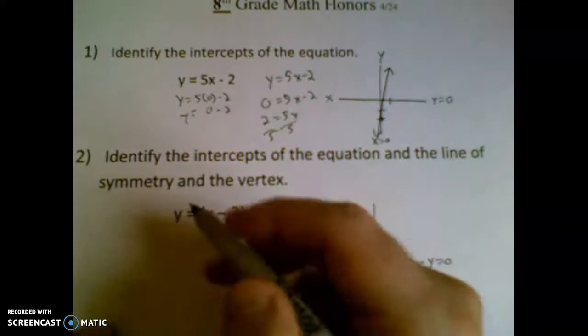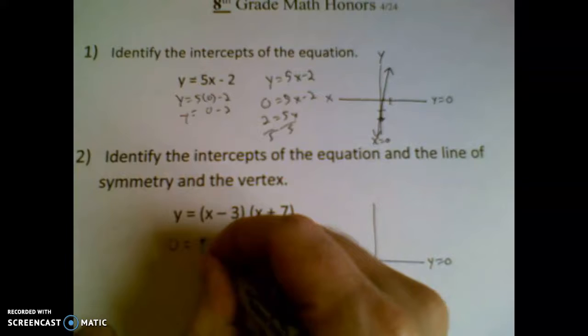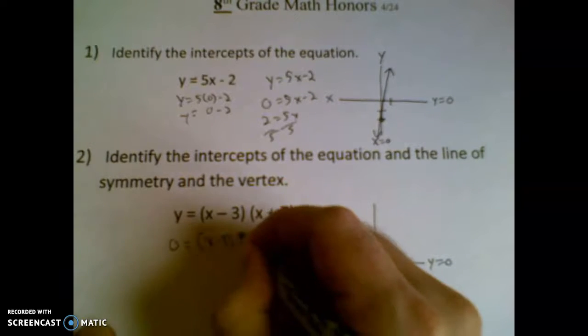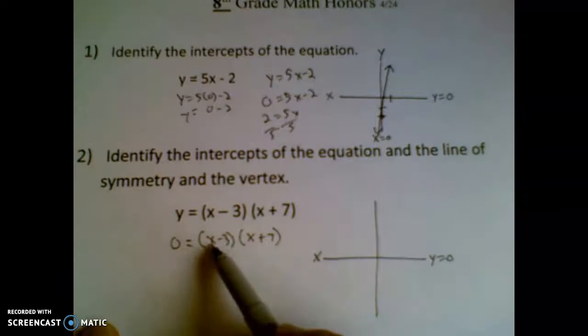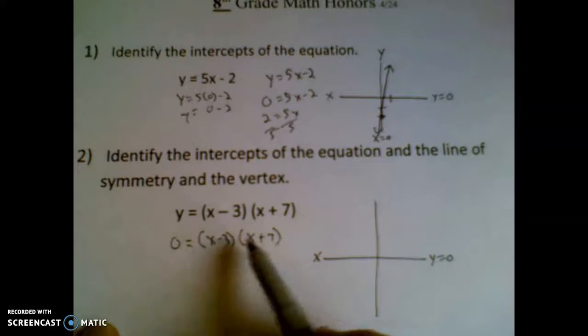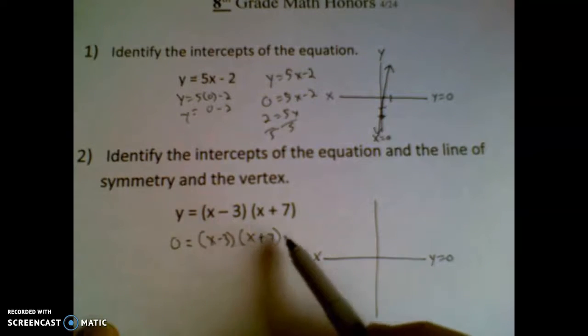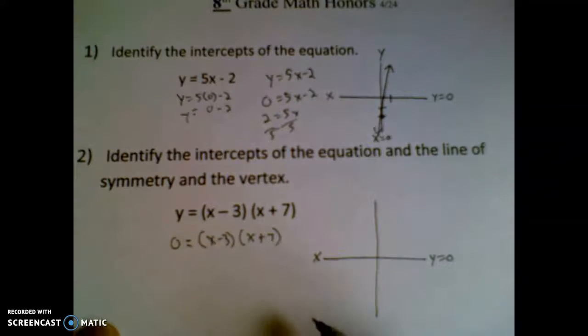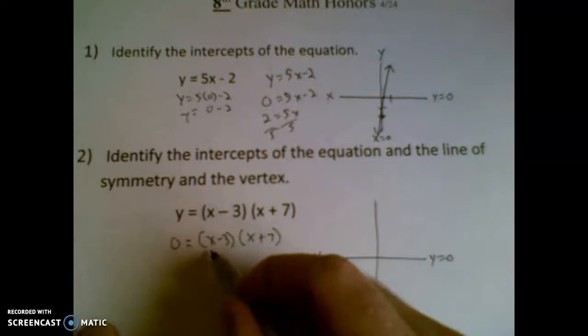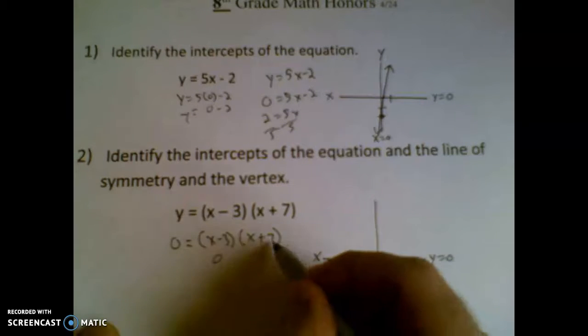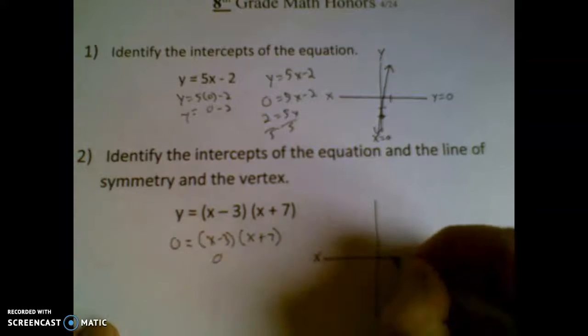So I make this 0, and I have to think to myself, or maybe do some other calculations to figure out what value for x will make this whole answer 0, and what other value for x will make the whole answer equal 0. So looks like if x is 3, 3 minus 3 is 0, and 0 times anything is still 0. So 3 is one of the x-intercepts.